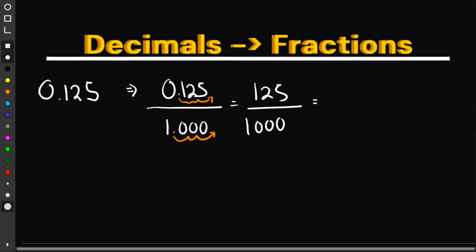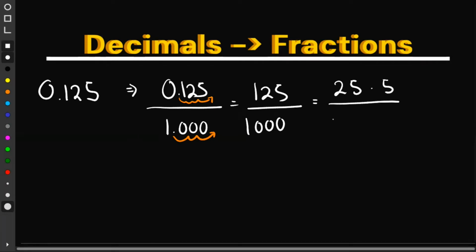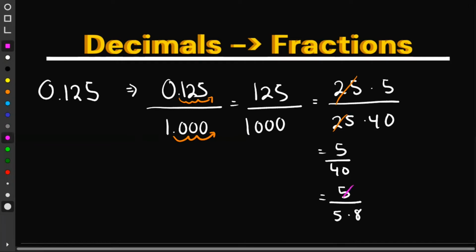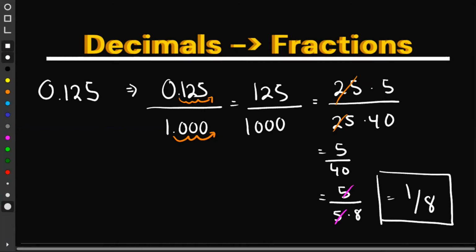So this is equal to 25 times 5, and this is equal to 25 times 40. From here, you can cancel out the 25, leaving us with 5 over 40, which can be further simplified as 5 over 5 times 8, canceling the 5 would give us 1 over 8. So 0.125 is equal to 1 over 8.